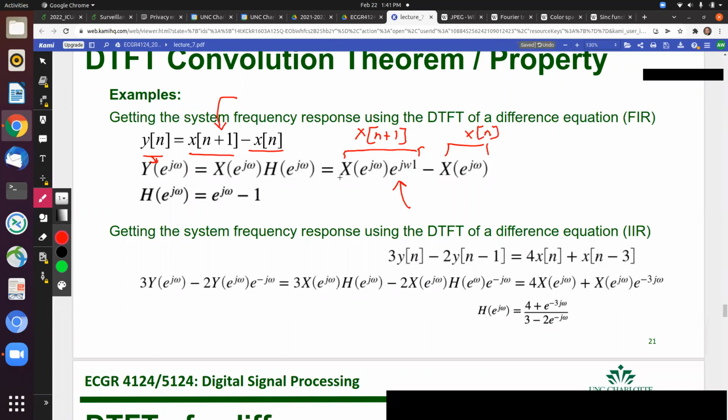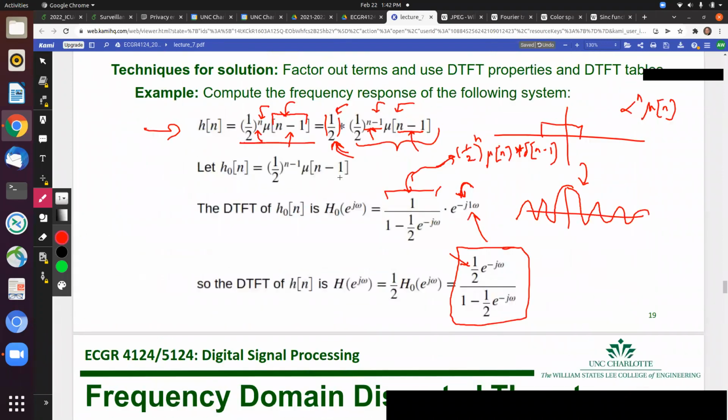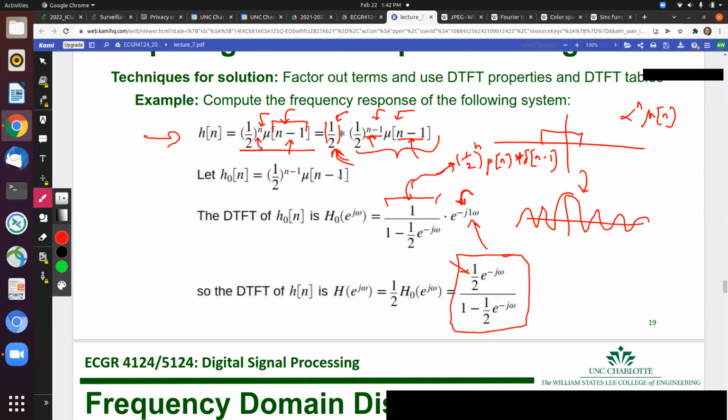What if n is scaled in your input, like x of 2n plus 1? That's going to be a stretch of the, you'll have to use a property for that, but essentially, what does 2n do to frequencies? Think about it, that's a compression, right?